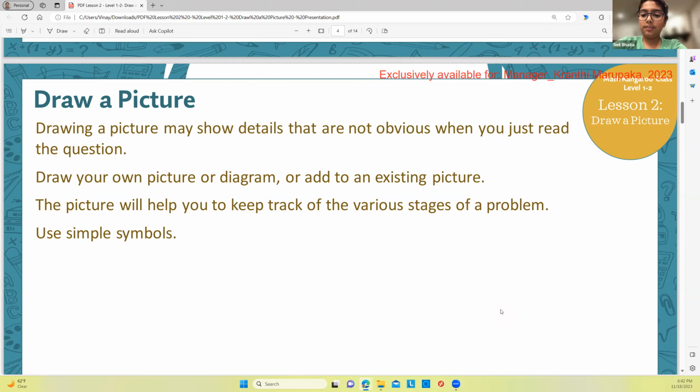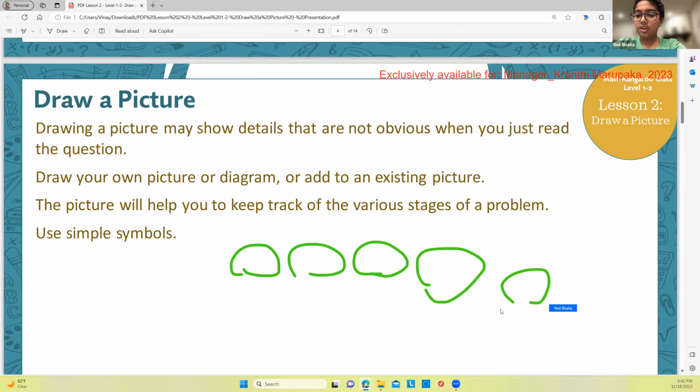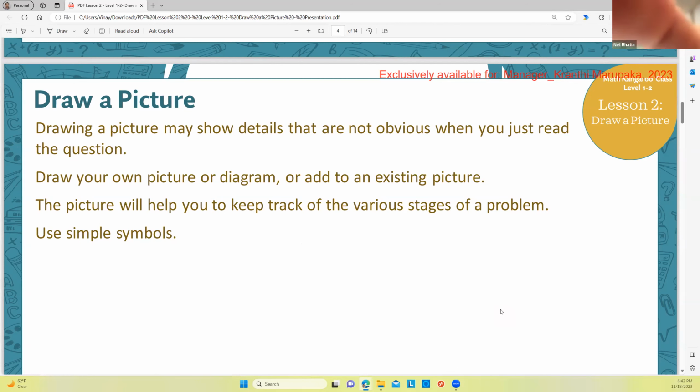For example, if you want to draw 5 people, you could just draw 5 circles to represent them. If you want to draw different items, you can just use different colors. So overall, drawing pictures is a really great strategy for anything you want to do, and it will increase your solving speed and make your life a lot easier.